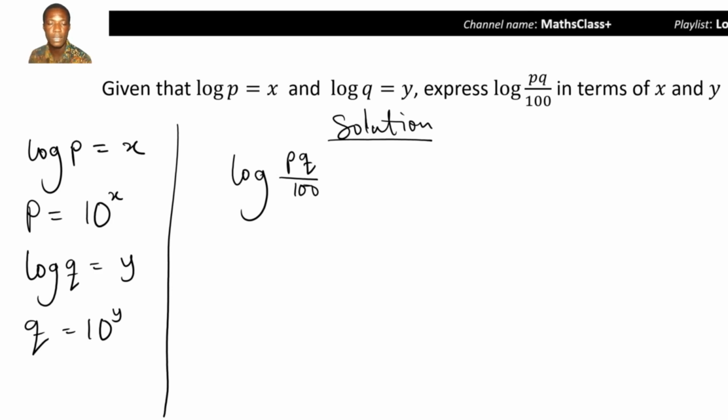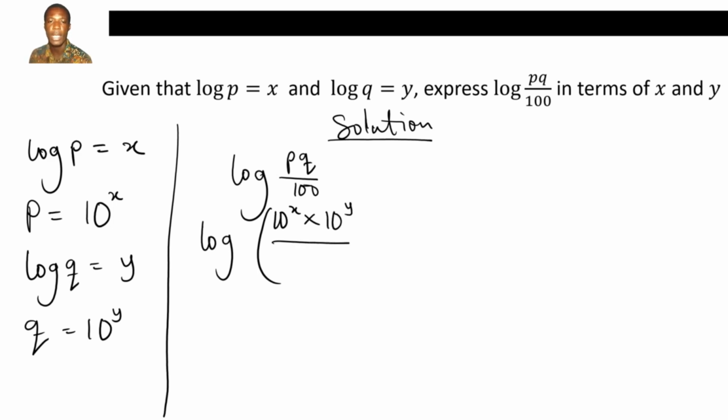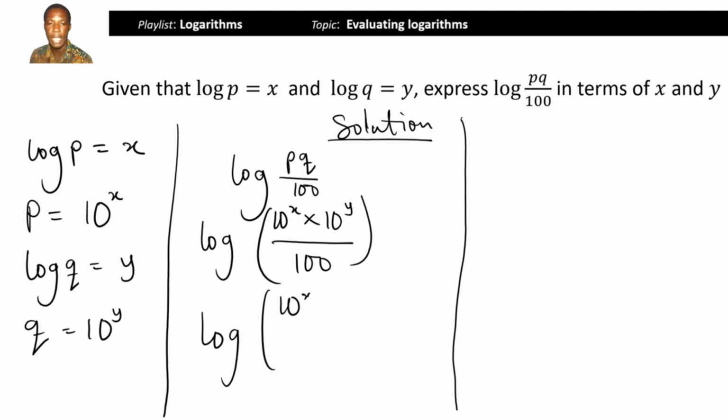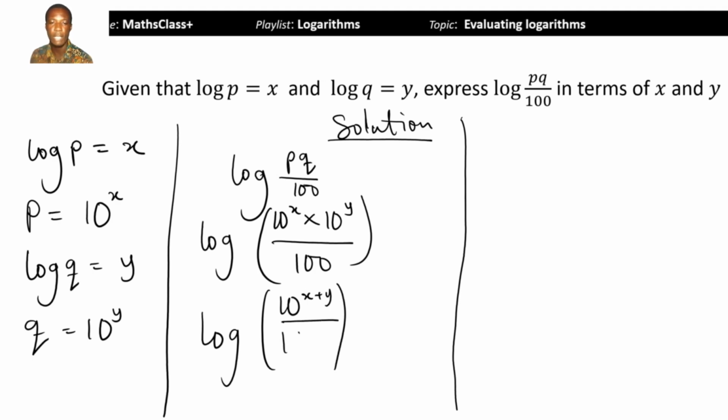That gives us log of a fraction with numerator 10 to the power x multiplying 10 to the power y, and then divided by 100. We can rewrite it as log of a fraction with numerator 10 to the power x plus y and denominator 10 to the power 2.